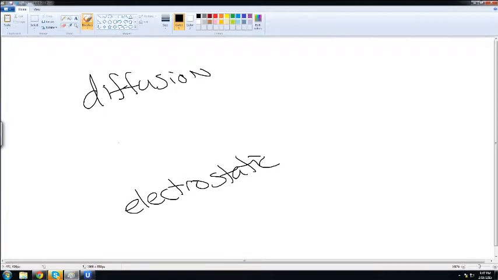Diffusion is a pretty simple concept. It basically states that when you're dealing with liquid or gas or anything that can shift or occupy a certain amount of space, things will move from an area of high concentration to an area of low concentration until eventually they're equal on both sides.